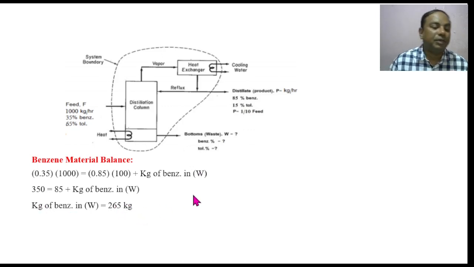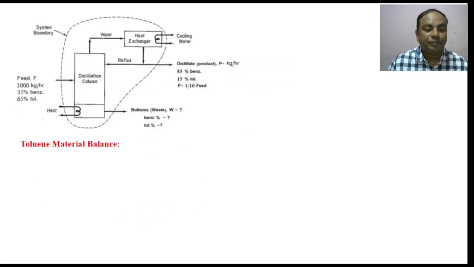Similarly, we can make the material balance calculation on toluene. On the left hand side, the amount of toluene present in 1000 kg of the feed material is 0.65 into 1000.